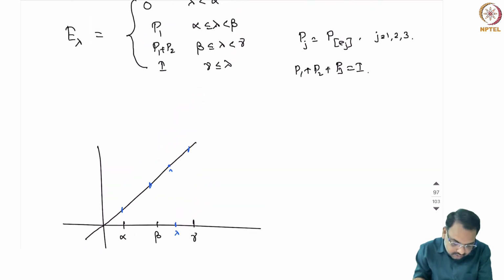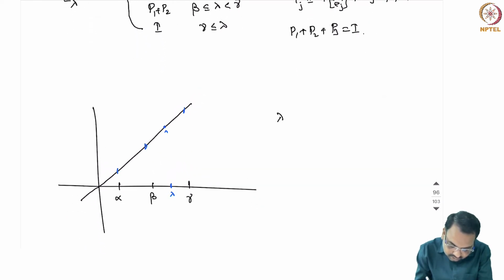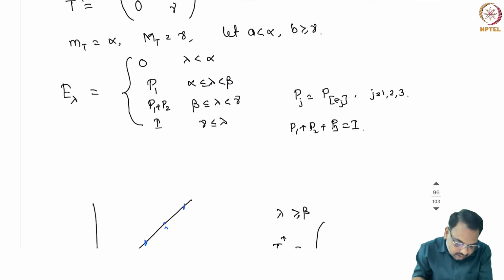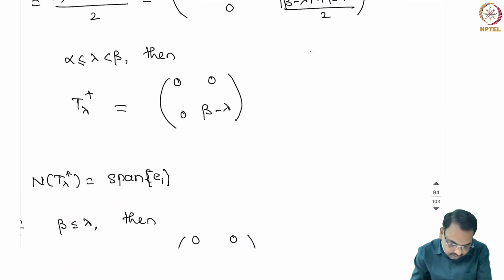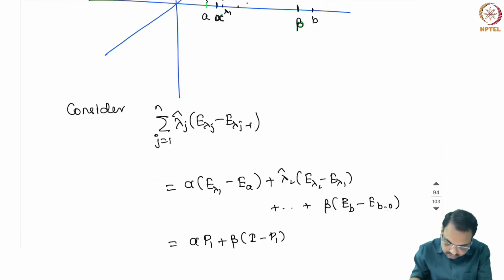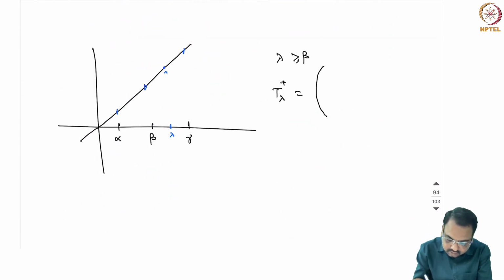Because here, let me explain, when lambda is bigger than or equal to beta, now T minus lambda, you will get, like the earlier case where we got 0 0 like this, here you will get 0 0 0 0 0 0 0 0, and we will get gamma minus lambda.